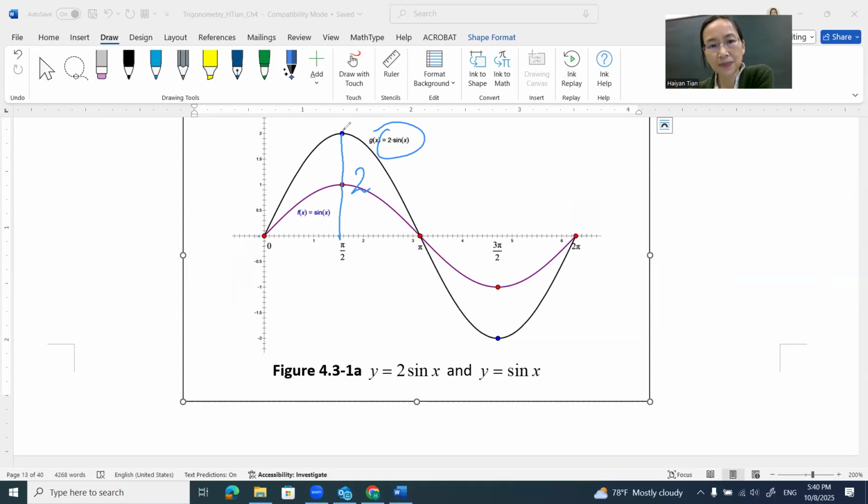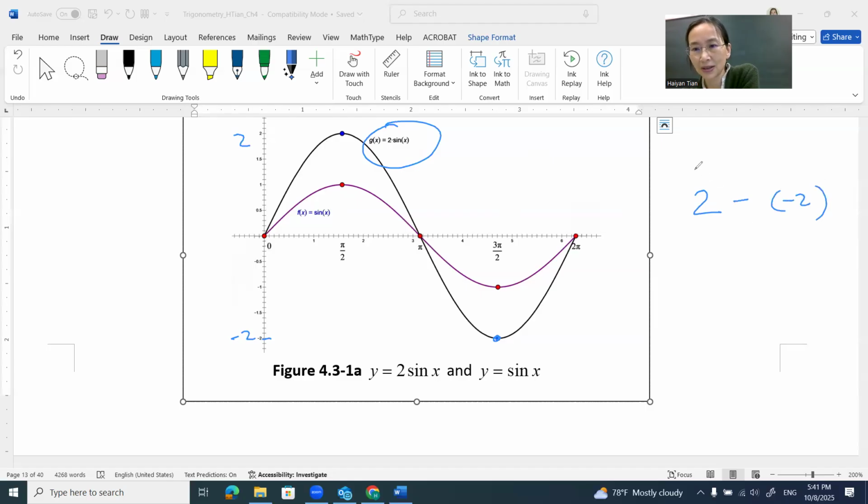You can see the maximum displacement of the graph from the horizontal line, the x-axis. That is 2. And how do we calculate amplitude? It is just the largest function value of this given function, which is 2, minus the smallest function value, which is -2.